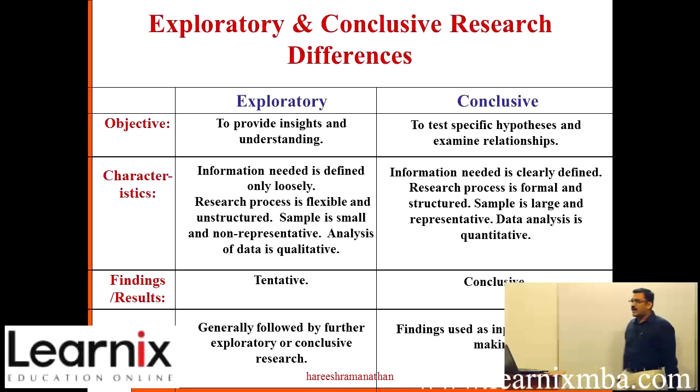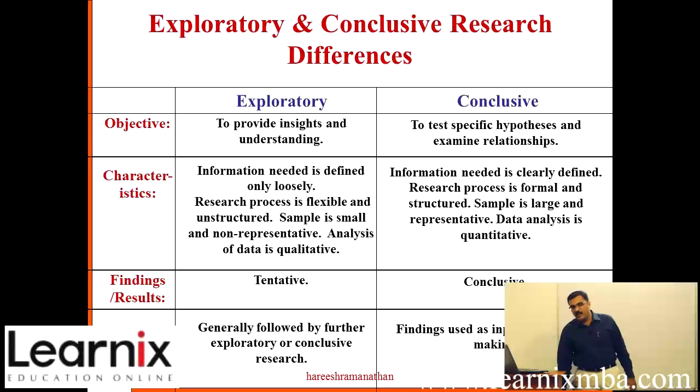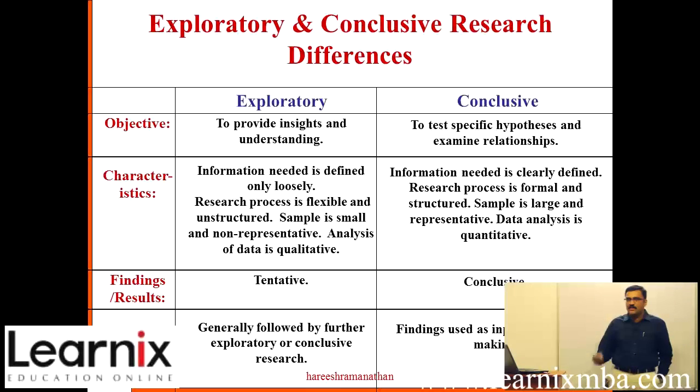If you look at the slide, the basic differences between exploratory and conclusive research are written. Based on the objective, exploratory research is to provide insights and understanding about what a phenomenon is. The conclusive aspect is to test specific hypotheses and examine the relationships between them.